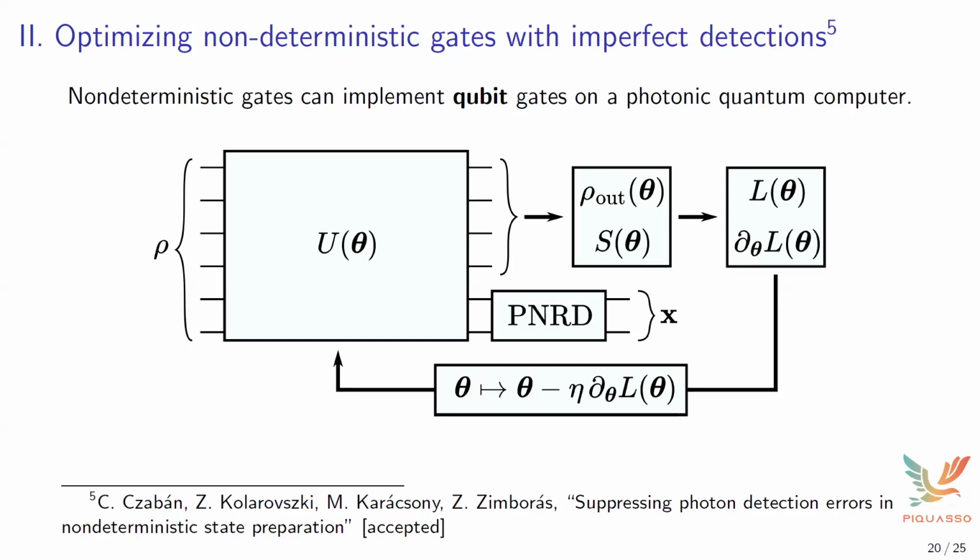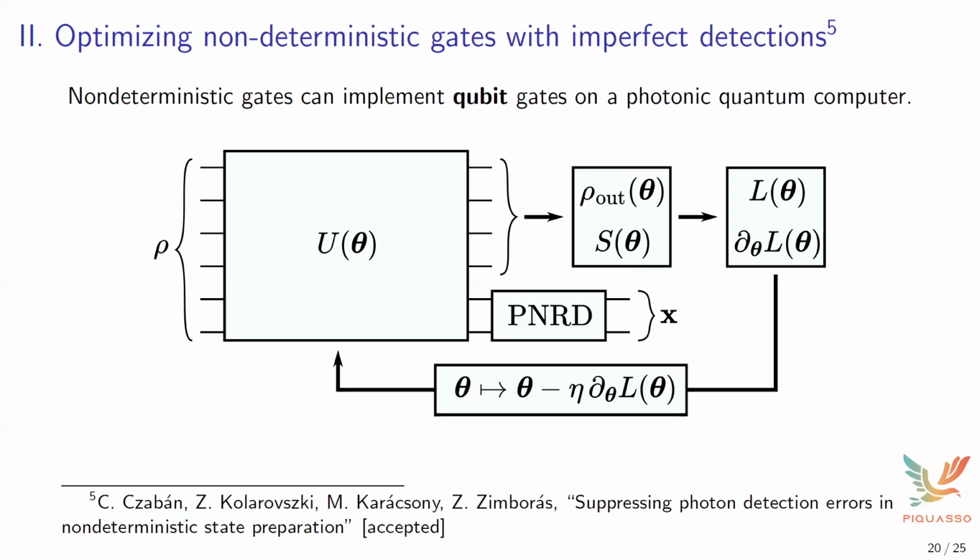So what it says in this diagram is that if you have an initial state, it goes through some circuit, which would depend on parameters, for example. Some of the modes in this circuit are measured and conditioned on the measurement.